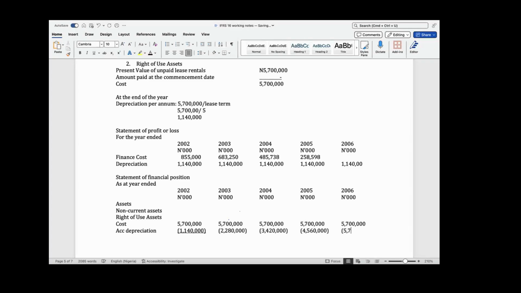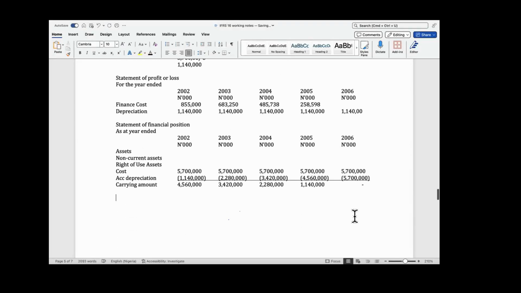And in year five, 5.7 million. So the carrying amounts will be 4,560,000, 3,420,000, 2,280,000, 1,040,000, and 0.